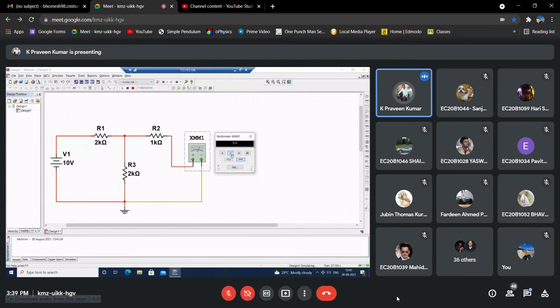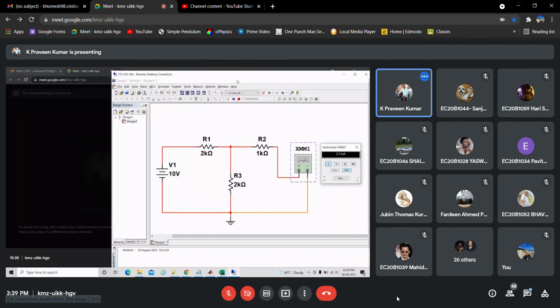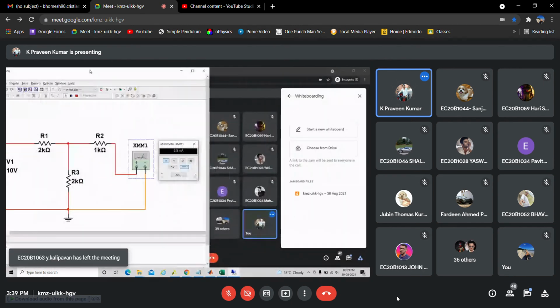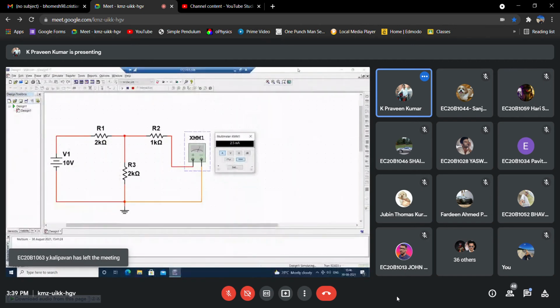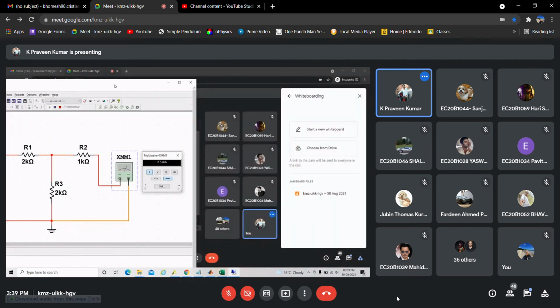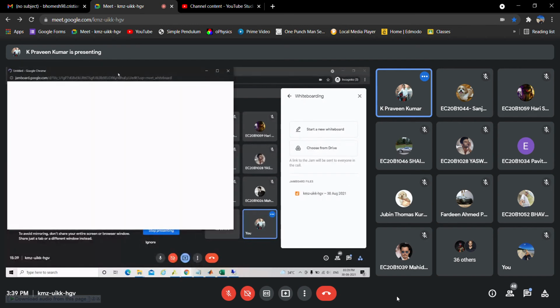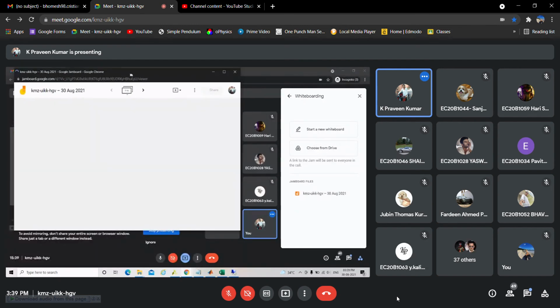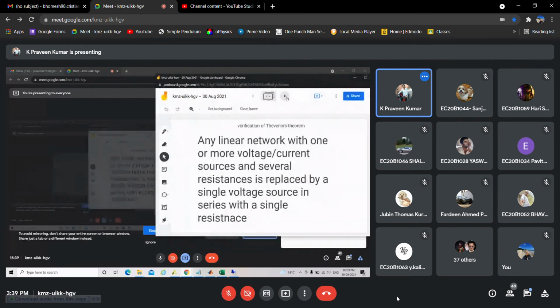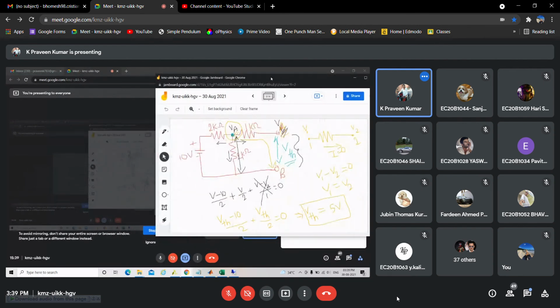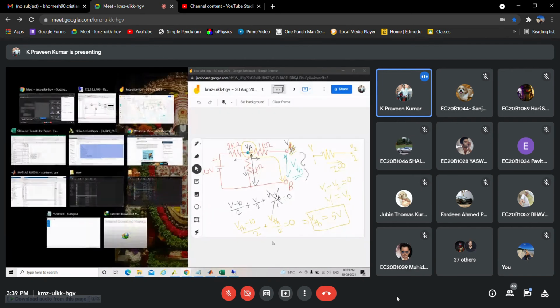This is V, that is voltage. This is A, this is current. How much did we get? 2.55 milliamps. So whatever value we have got, this is VTH.